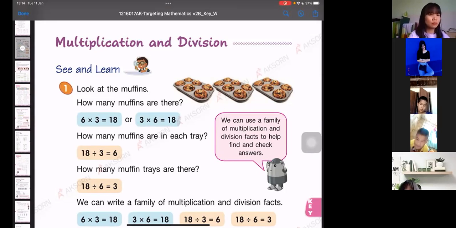Very good. So now we can use family of multiplication and division facts to help find and check the answers. So now we're going to check the answers if it is correct.